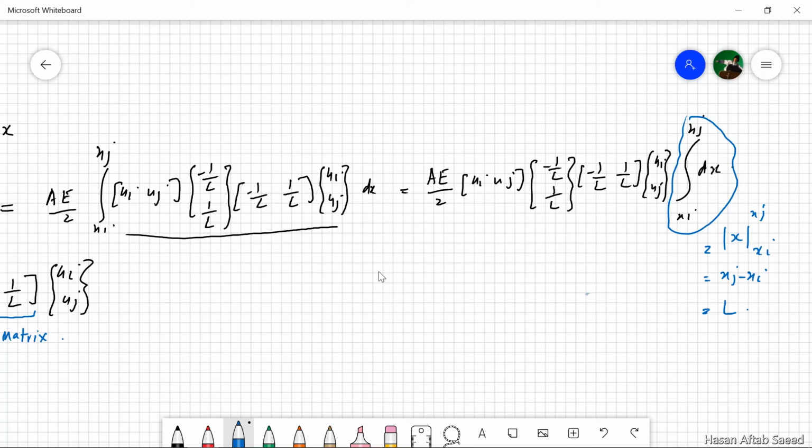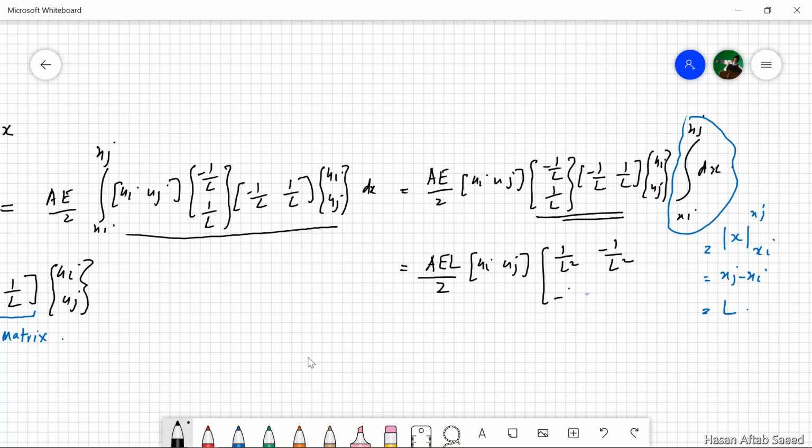So let's simplify this L, AEL over 2 Ui Uj, and let's multiply these two, and we get 1 over L square, minus 1 over L square, minus 1 over L square and 1 over L square, and here we get Ui and Uj.